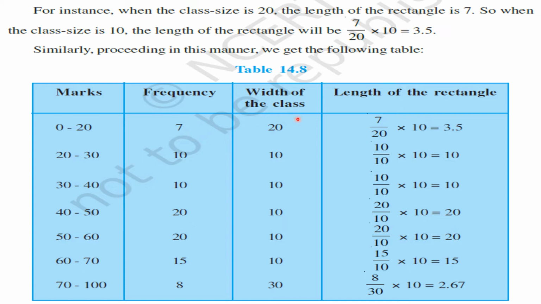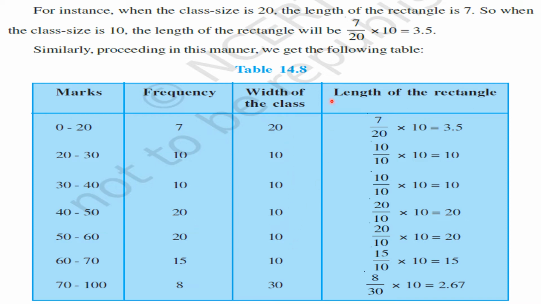Here we have prepared a new column, that is width of the class. The size of this class interval is 20. What is the size of this class interval? 10. The size of this class interval is 10. Like this, we have to prepare a column. Understood this column, my children?